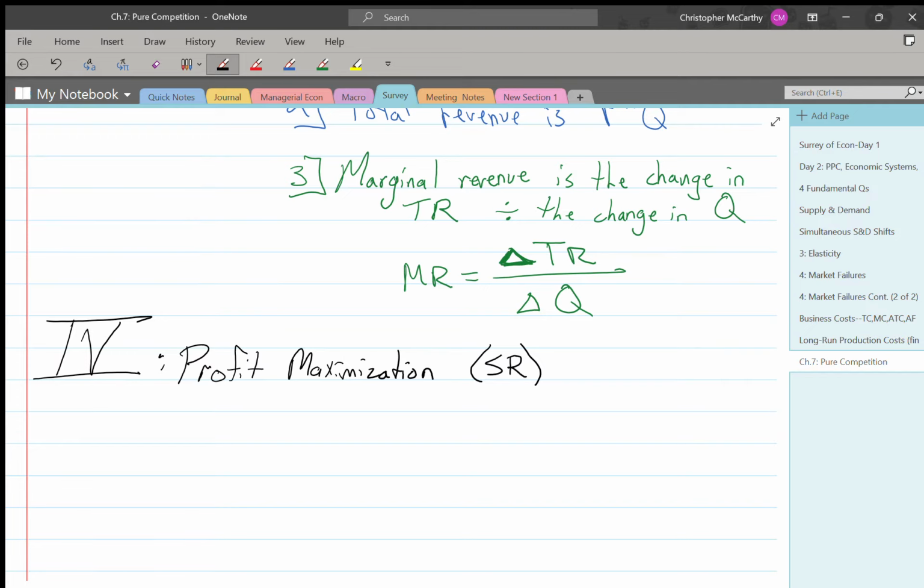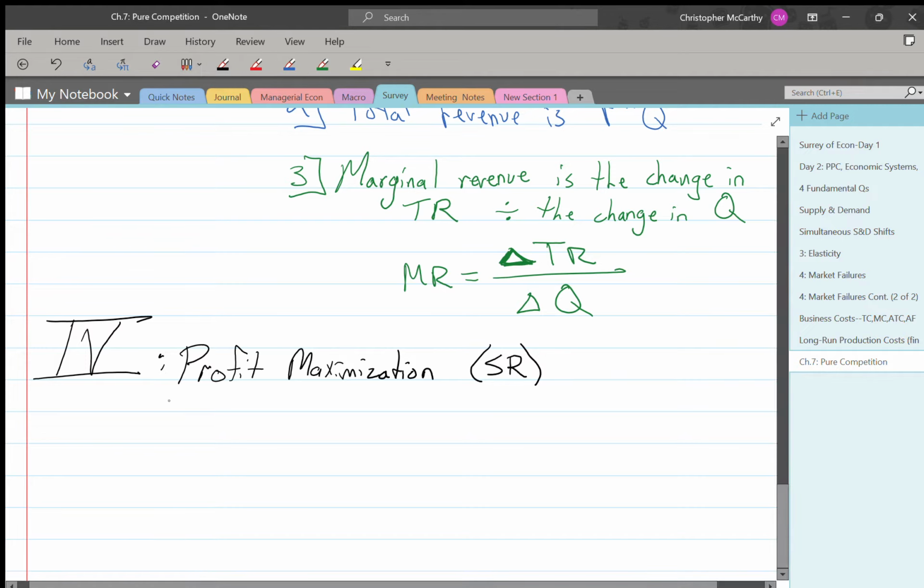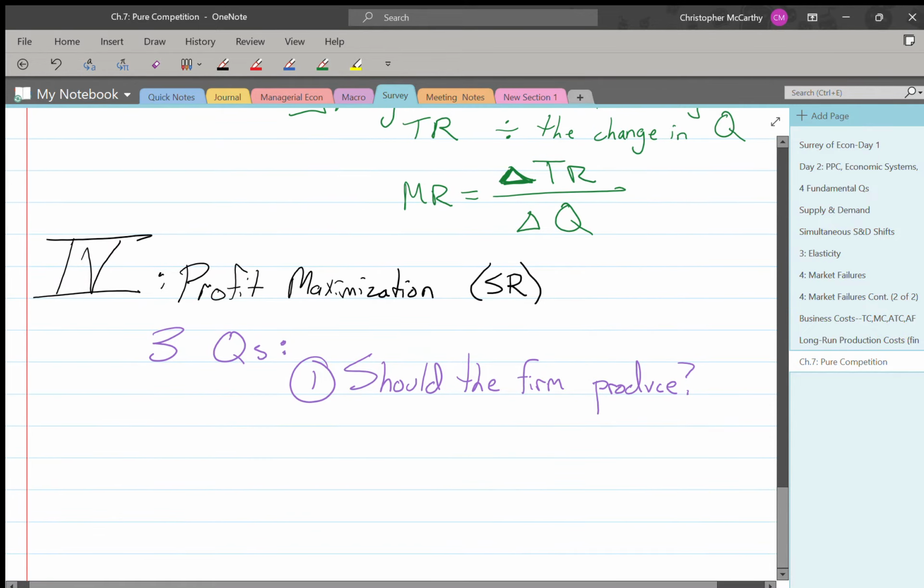So we have to answer 3 questions. There's always these 3 same questions that we're going to answer. The first question is, should the firm even produce in the first place? Seems like a silly question, but there's a reason why.